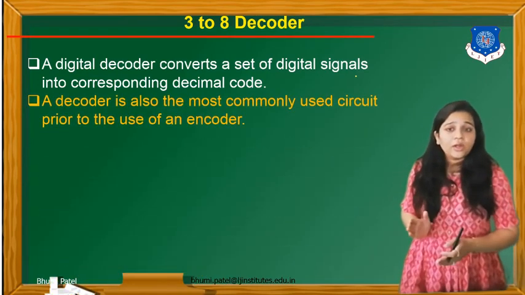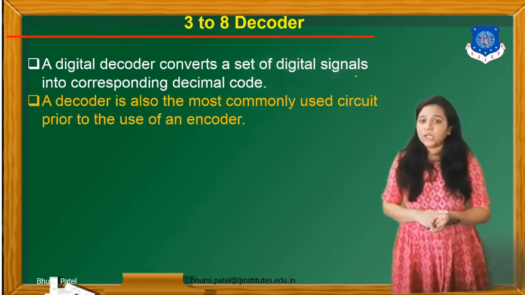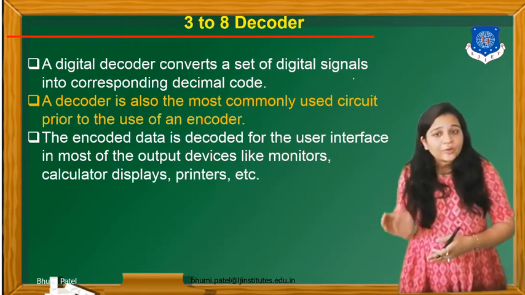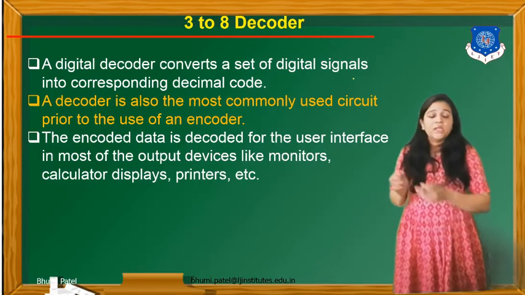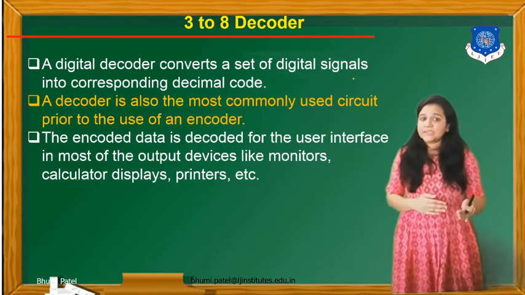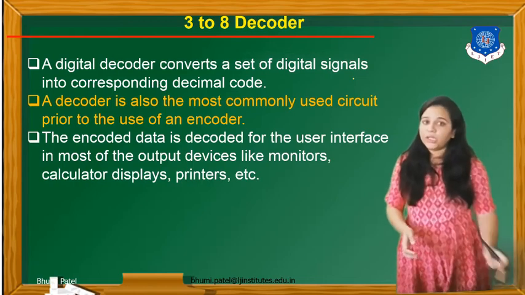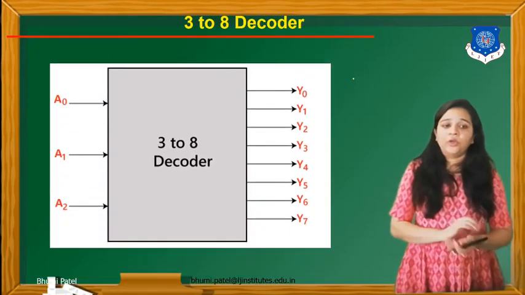Now a decoder is also the most commonly used circuit along with an encoder. So the encoded data is decoded for the user interface in most output devices like monitors, calculator displays or the printer. So what is the schematic diagram of the 3 to 8 decoder?